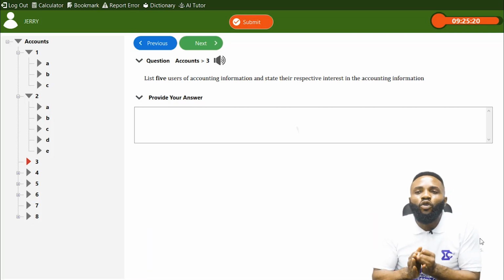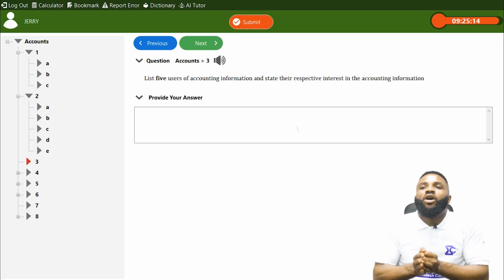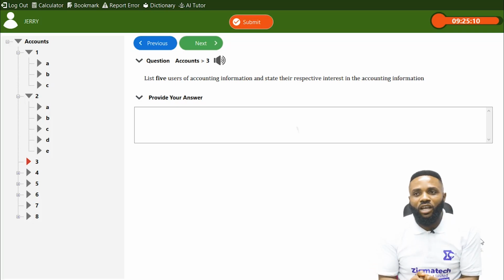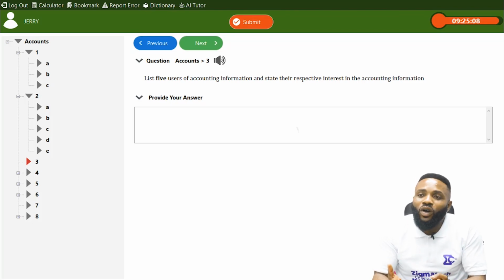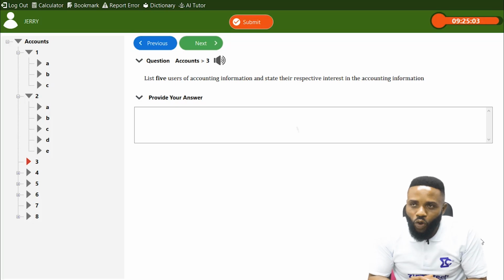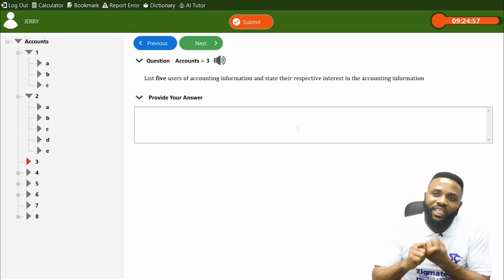So for them to be very sure that this particular business is credit worthy enough, they need to know what is happening in the business. So they will want to get your financial statement. By the time they find your financial statement, they will know if you are credit worthy enough to be given a loan.